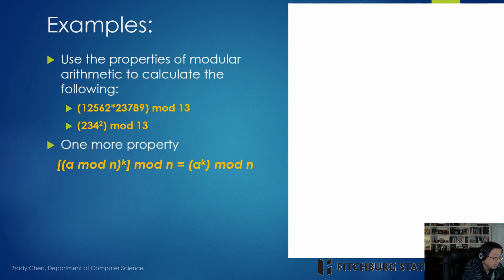First one, 12,562 times 23,789, and then the result is taken modulo 13. Now if we don't use the property, we have to do the multiplication of two big numbers, and then get the result and do the modular operation. Now, with the property, what can we do?